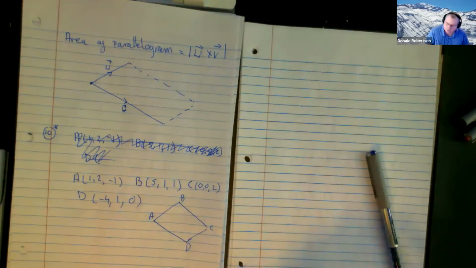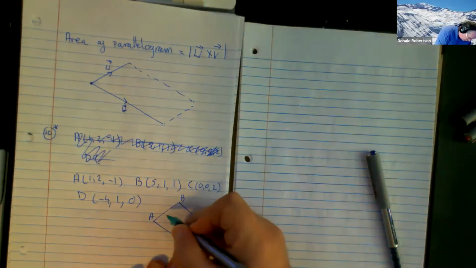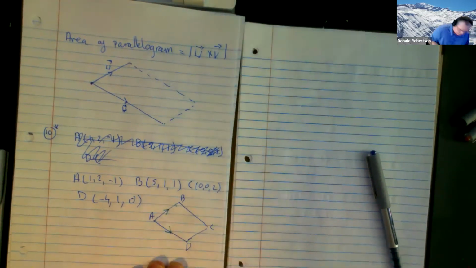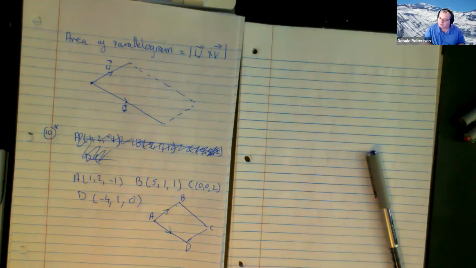So essentially, don't I just need 2 vectors? One to be U and the other to be V. Would it make sense that A to B could be one of my vectors and A to D would be my other? Can that be my U and my V? That's it.